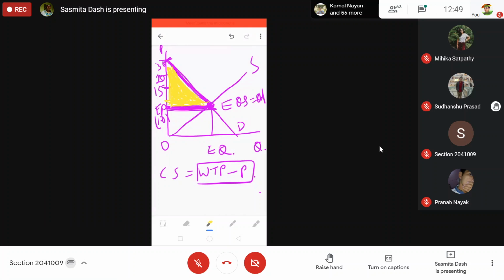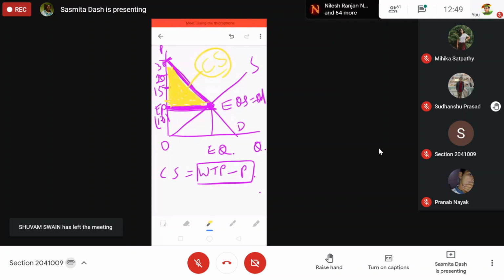The person who is willing to pay 15 rupees and paying 10 rupees gets less consumer surplus than the person who is willing to pay 20 rupees but actually paying 10 rupees. So this area is known as the consumer surplus area. The area above the price line and below the demand curve is the consumer surplus area.